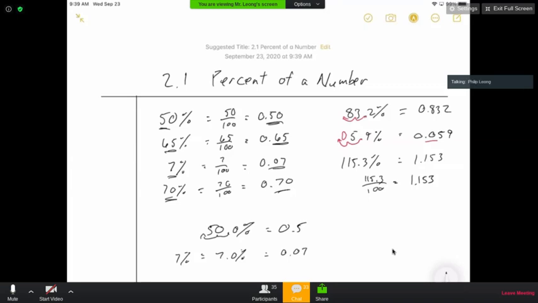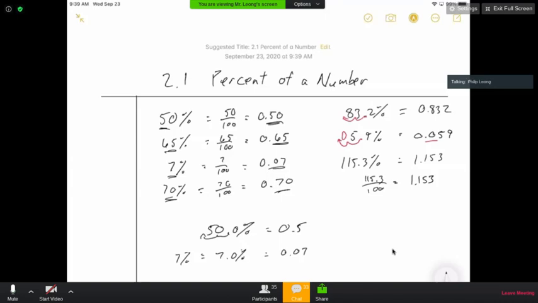So to change a percentage to a decimal, very, very important skill, you need to move your decimal place 2 places to the left. I think left might be that way for you guys. Okay, 2 places to the left. You can change any percentage to a decimal and go back the other way. You can go from a decimal to a percent by going to the right.